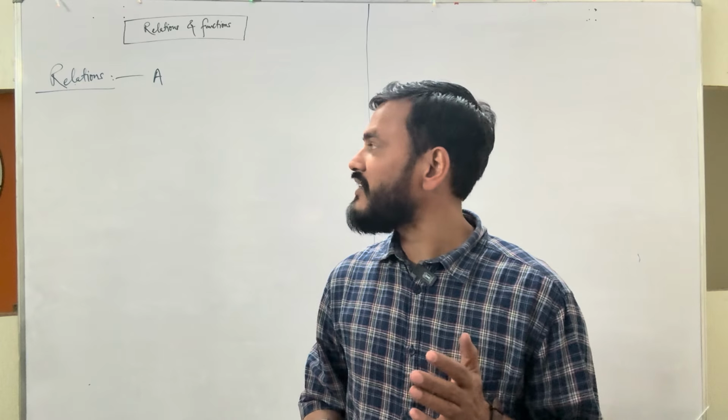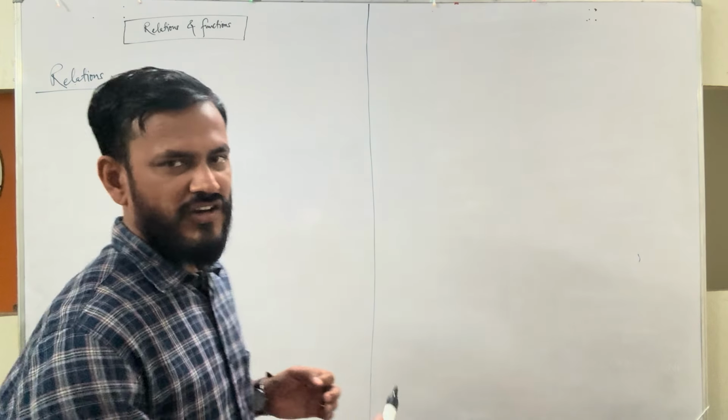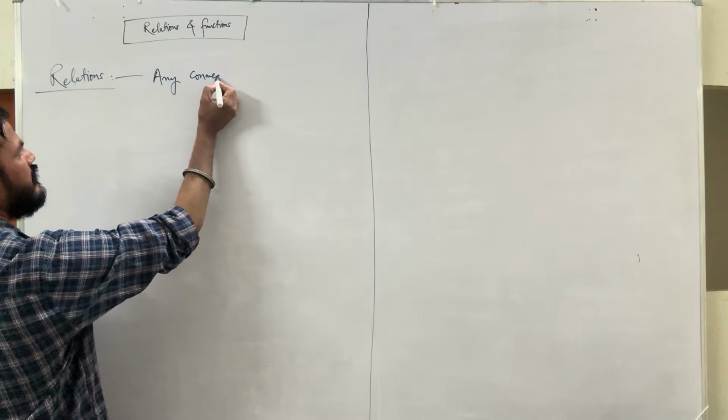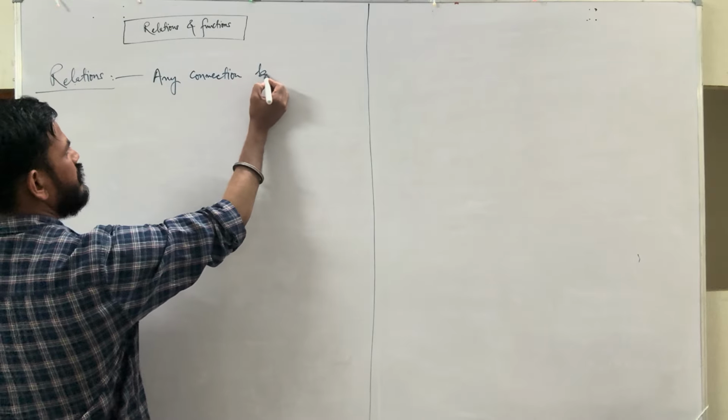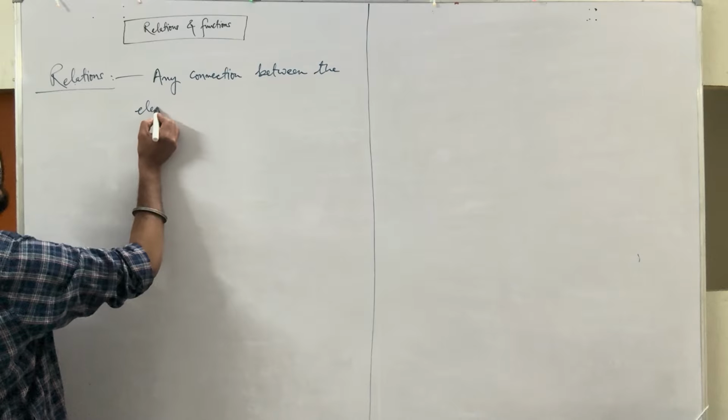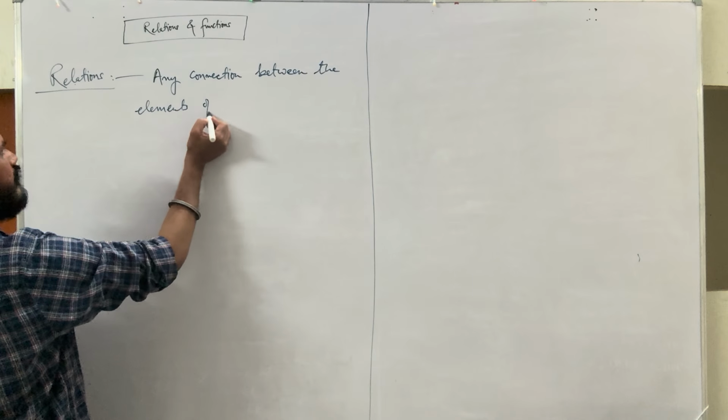So relation is a mapping or connection. It is any connection between the elements of two sets.